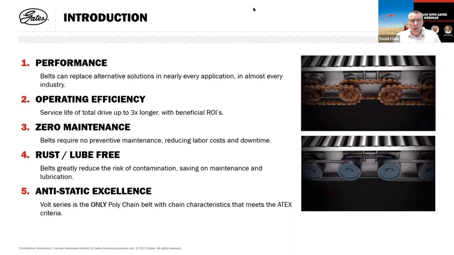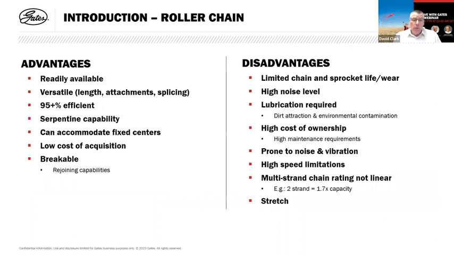Belt drives are inherently good at a steady performance over a long period of time. The main competitor for belt drives in these solutions, as I say, Evolve with Gates covers a wide range of solutions against a wide range of alternative products.